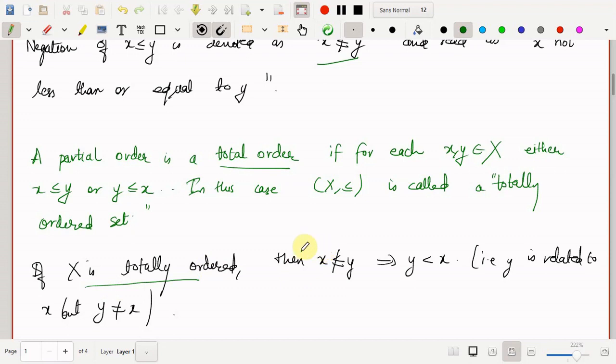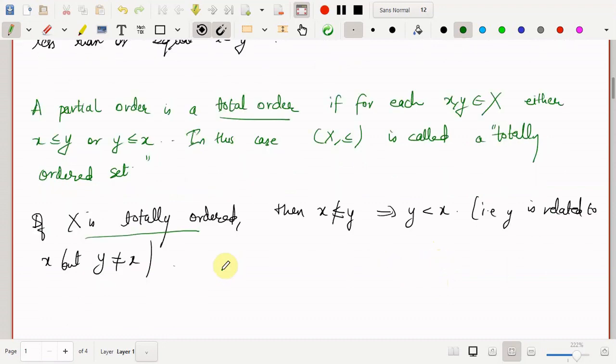Otherwise, the given set won't be totally ordered. That would contradict the definition of totally ordered. So if x is not less than y, this implies x is not less than y as well as x is not equal to y, which means the only possibility left in the totally ordered set is y is less than x, which means y is related to x but y is not equal to x.